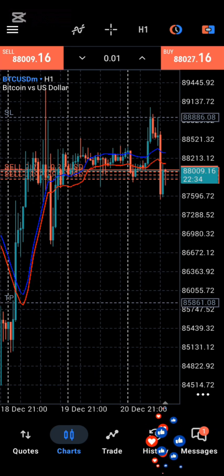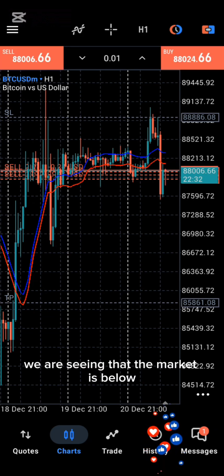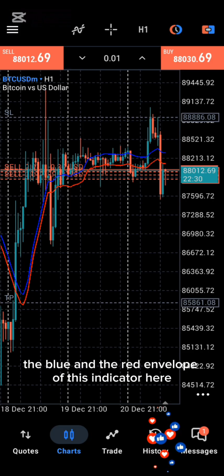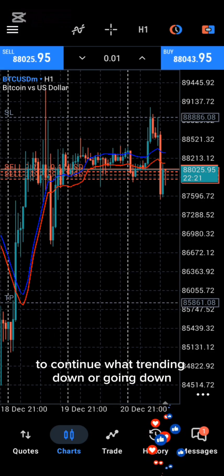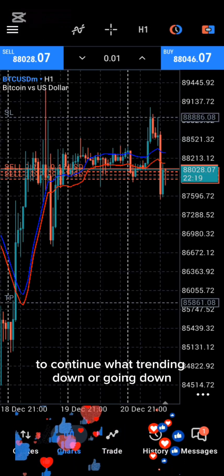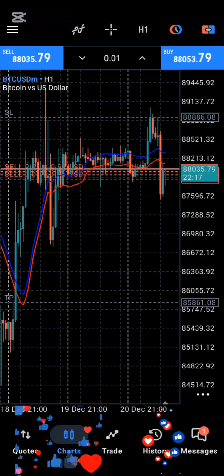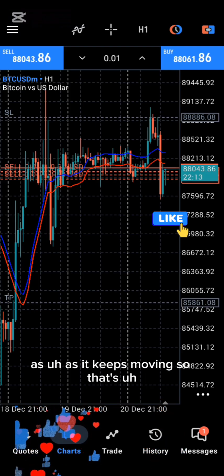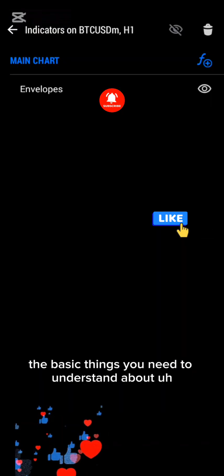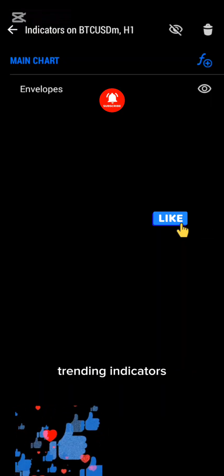Right now we are seeing that the market is below the blue and the red envelope of this indicator, and we are expecting the market to continue trending down or going down as it keeps moving. So that's the basic thing you need to understand about trending indicators.